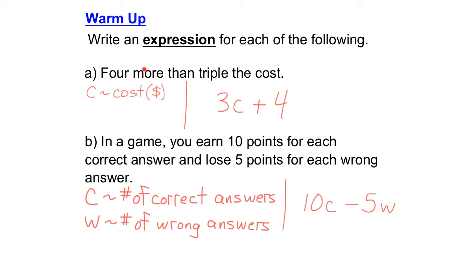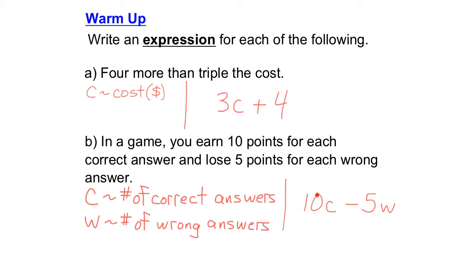4 more than, so we're adding 4 to what? Triple the cost, 3 times the cost. So here's 3 times the cost and we're adding 4. 4 more than triple the cost. Okay, next one, earn 10 points, so we're increasing by 10 points for each correct answer. So your points go up by 10 for each correct answer.